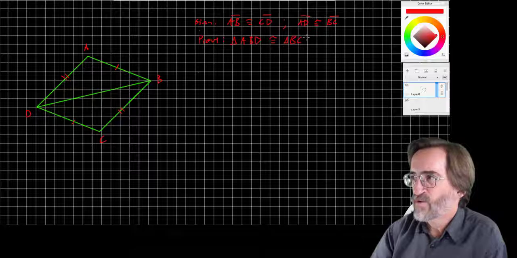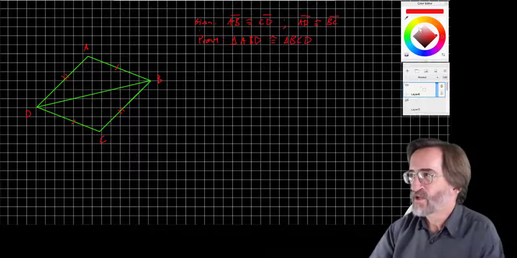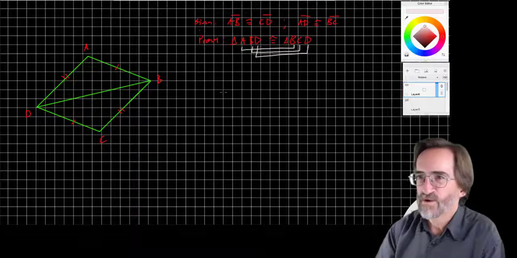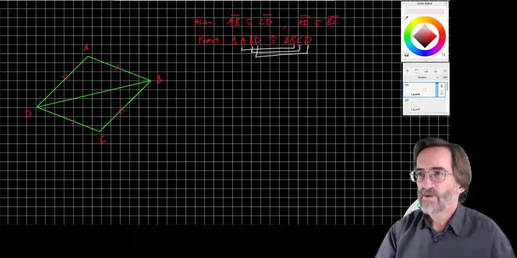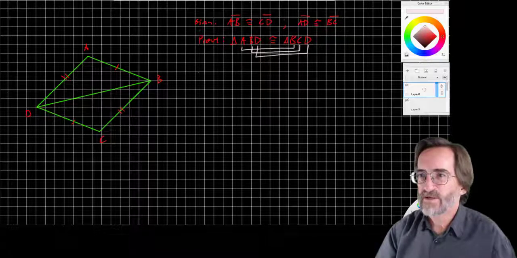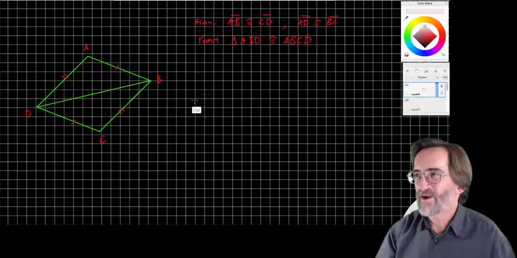Now, when you write a triangle congruent statement, don't forget you've got to line up the corresponding parts. That means A is going to correspond with... you know what? I got it all wrong.